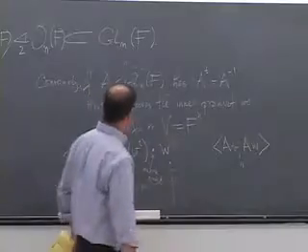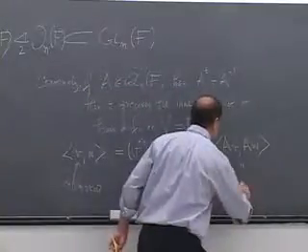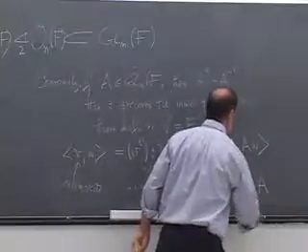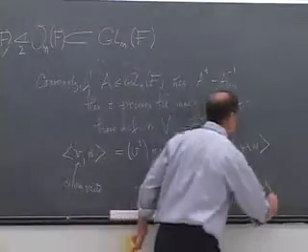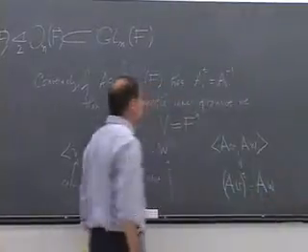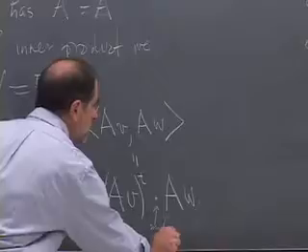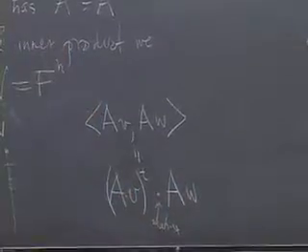And consequently, the inner product would be, you'd calculate this vector, you'd transpose it, and then you'd multiply it by this vector as matrix multiplication. This is all matrix multiplication, AV transpose times AW.